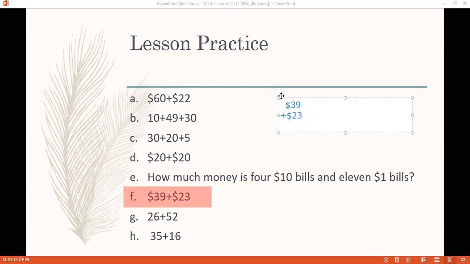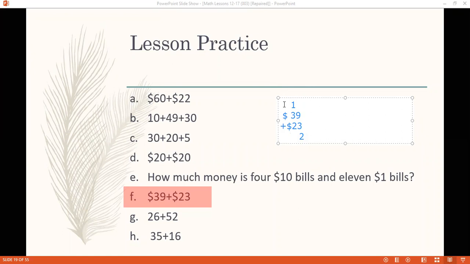So which 2 numbers are in our ones place value? Yes, the 9 and the 3 are in our ones place value. What is 9 plus 3? 12. Making sure that we put that 2 under our ones place value and that 1 just above our tens place value. Sorry guys, this is a little out of sorts just because I'm doing it on my computer.